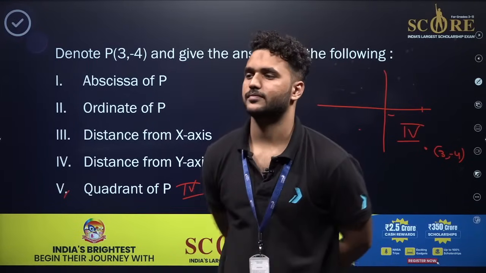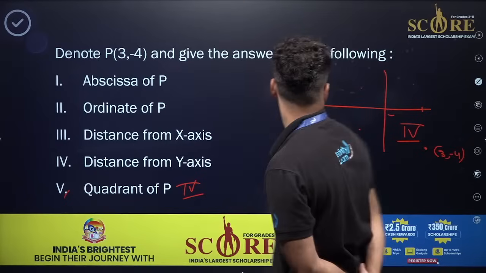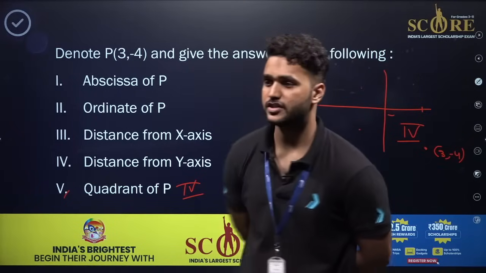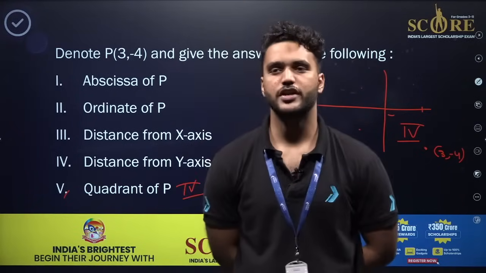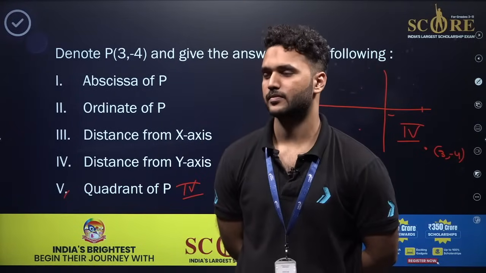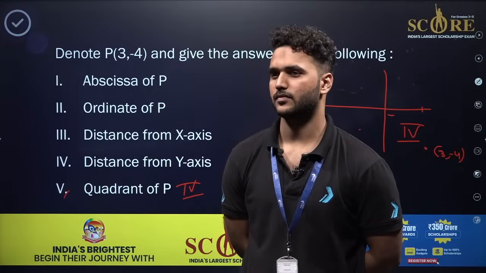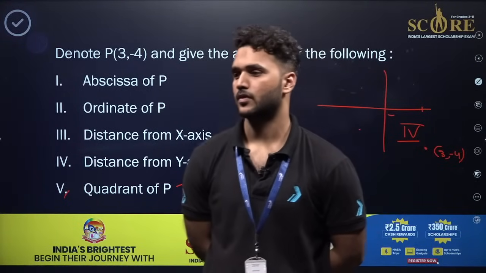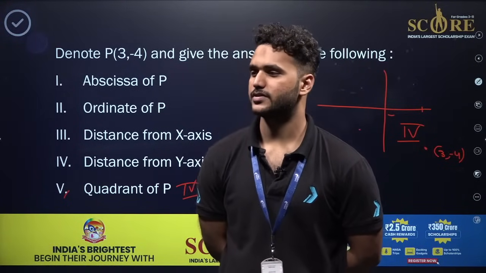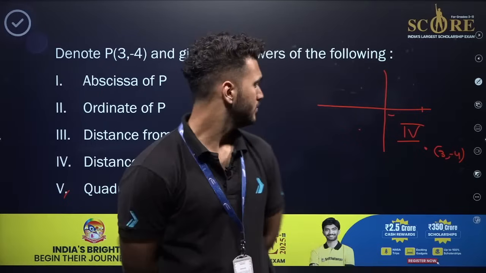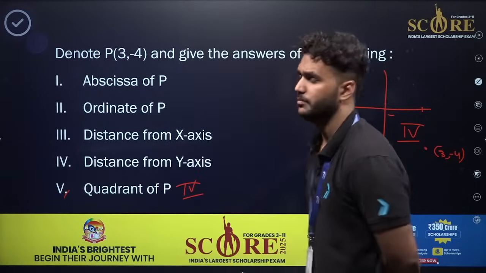The abscissa is 3. What about the ordinate of this point? Minus 4.